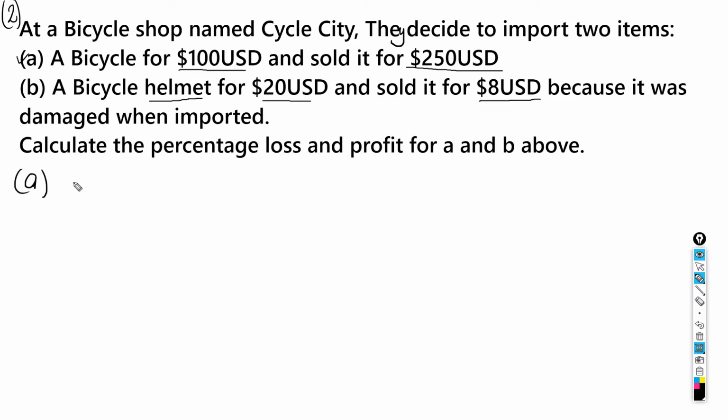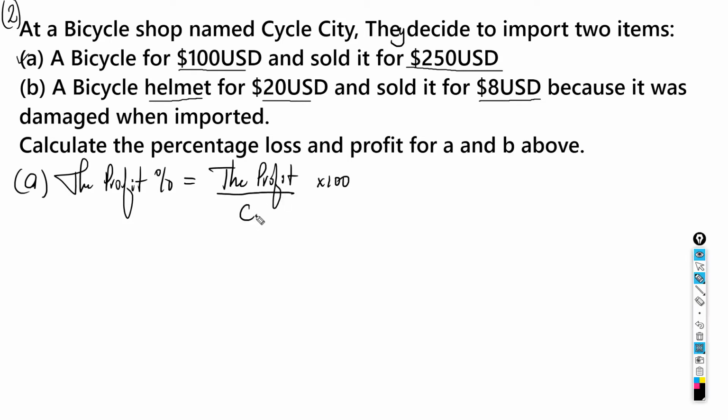So for A, the profit percentage is equal to the profit over the cost price multiplied by 100. So let's look at the question.